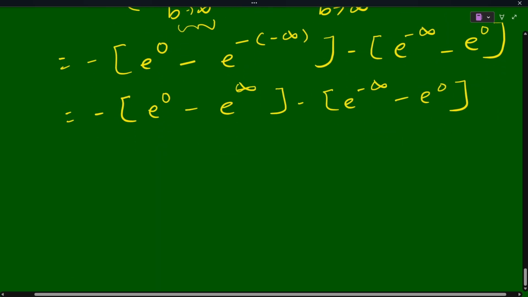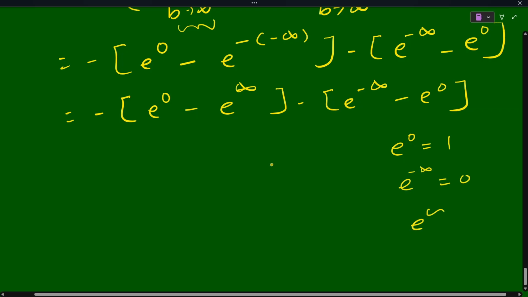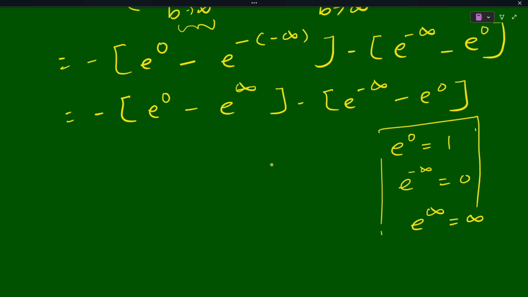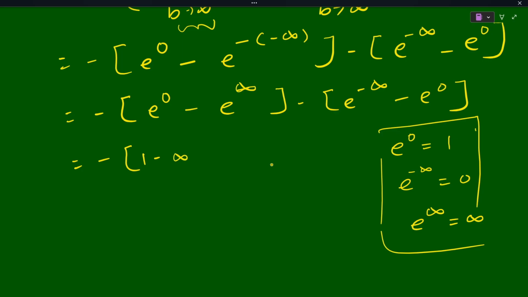then we will use the formulas. So as we know, e to the power 0 would be 1, and e to the power minus infinite is 0, and e to the power infinite would be infinite, so we will use these three values. Okay, so after using we will see this value is 1 minus e to the power infinite is infinite, minus e to the power minus infinite, this one is 0 minus 1.